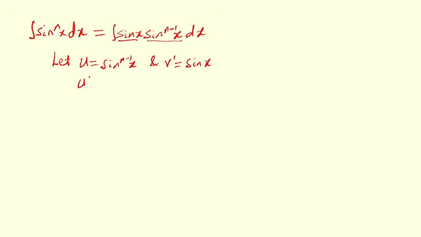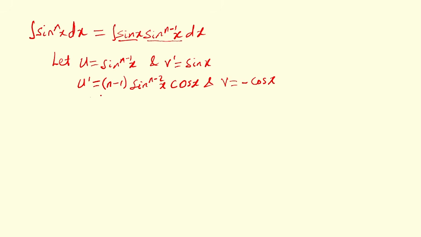From this, u prime will be the derivative of sine raised to n minus 1 x, a composition function, so apply the chain rule and you'll get n minus 1 times sine raised to n minus 2 x times the derivative of the inner function, sine x derivative, cos x. And the antiderivative of sine x, that is v, will be minus cos x.